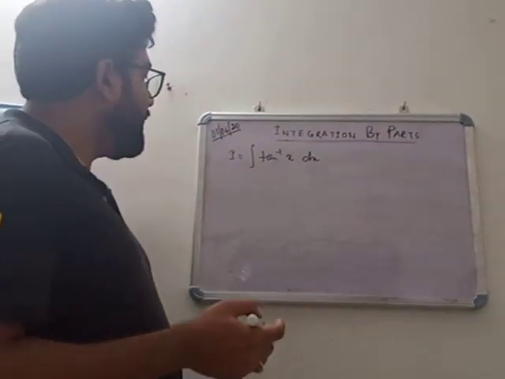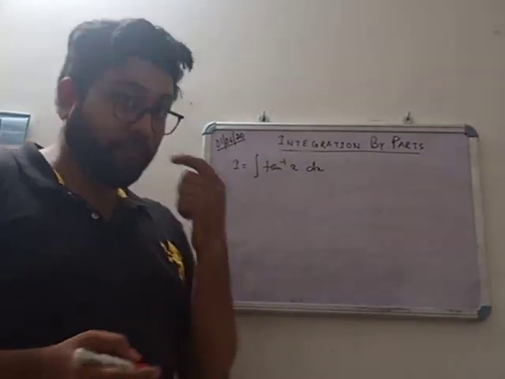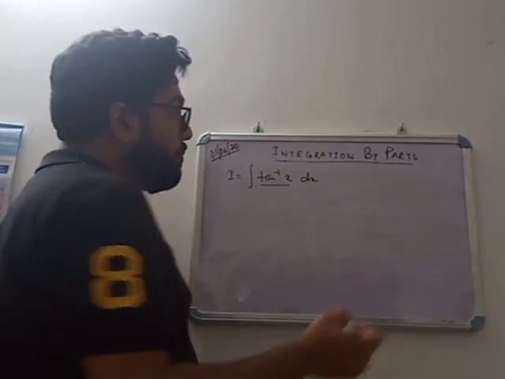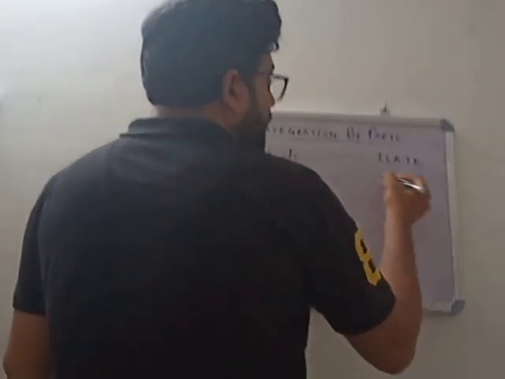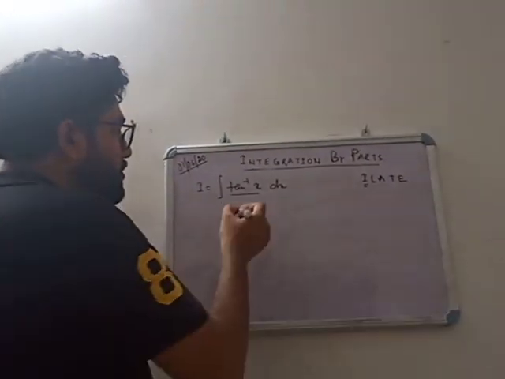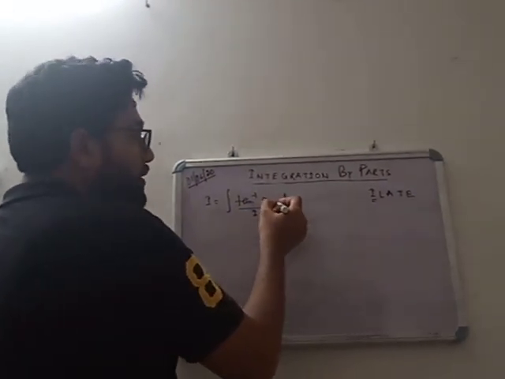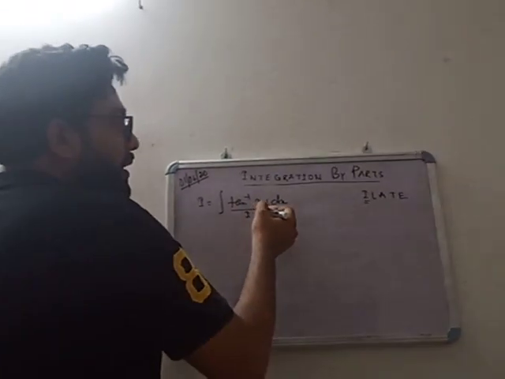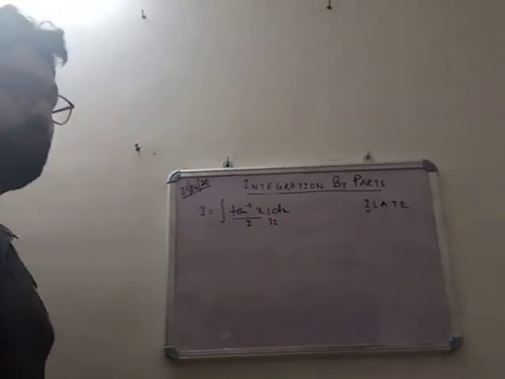Now see that I equals integration of tan inverse x dx. So tan inverse by ILATE: I is the inverse, so this is the first function, and nothing else is there, that means 1 is here, so 1 we can write as an algebraic function, so this is the second.